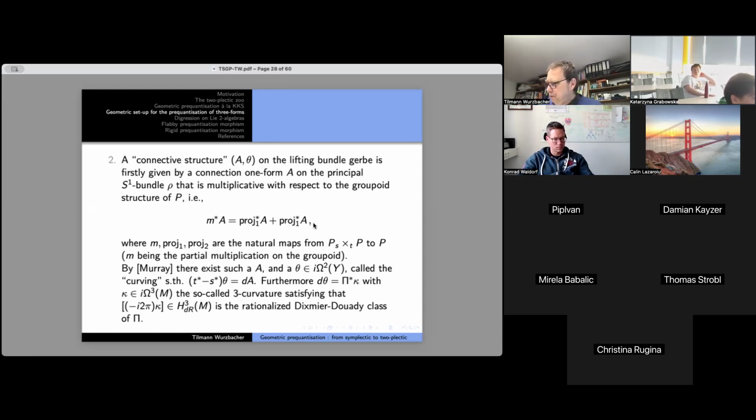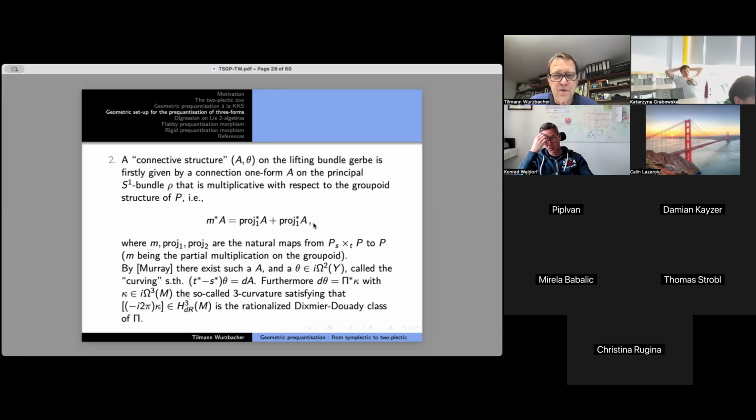And then Murray proves, in fact I think he proves it in two different ways in these two papers I quoted, that if you have such a multiplicative connection form, first of all, it exists.